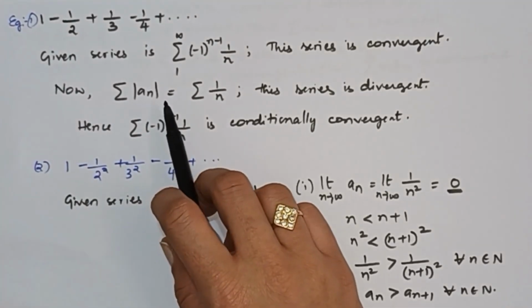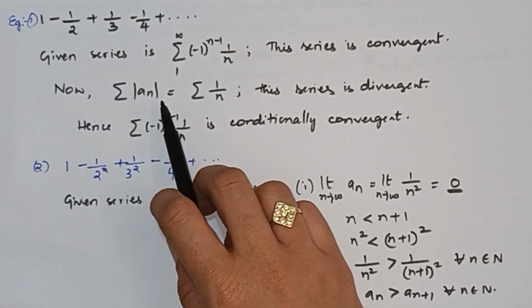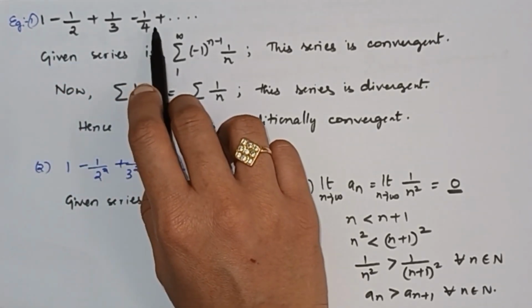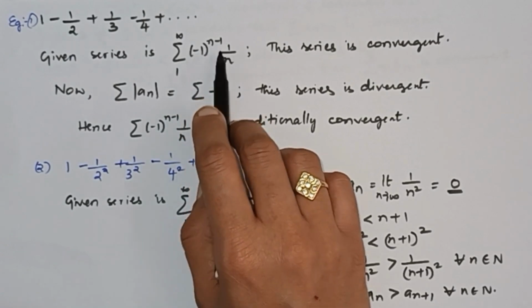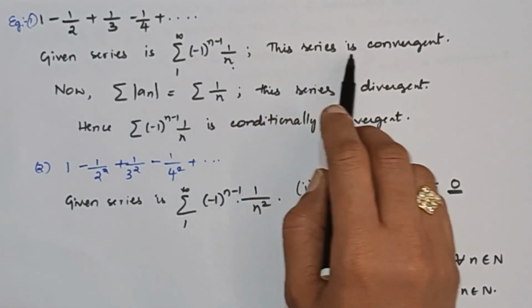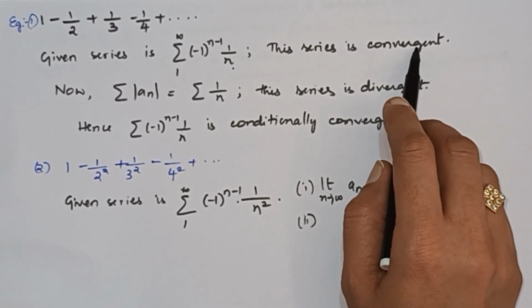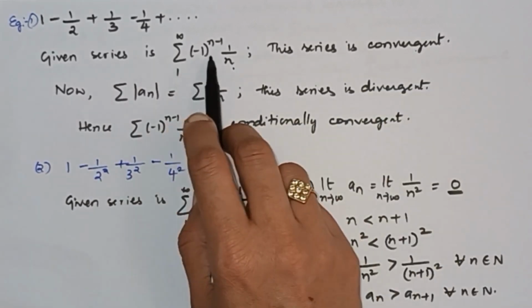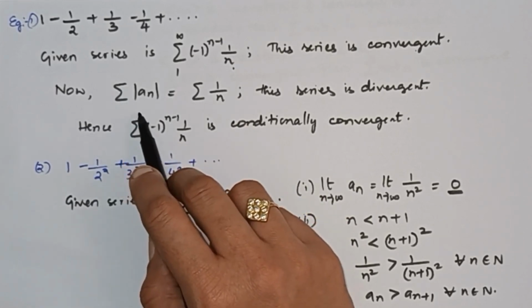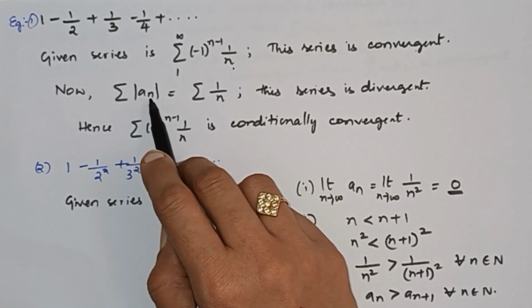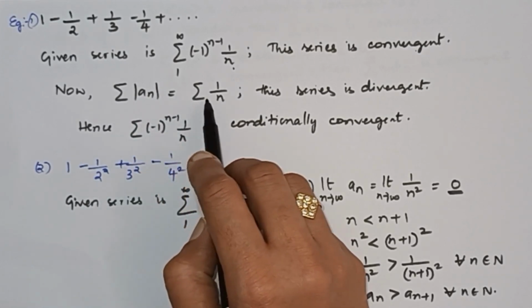Now let's consider a few more examples for absolute convergence and conditional convergence. This is the given series (-1)^(n-1) into 1 by n. We know that this series is convergent using the Leibniz test, as I just explained. Now find the absolute value of an, which is summation 1 by n.